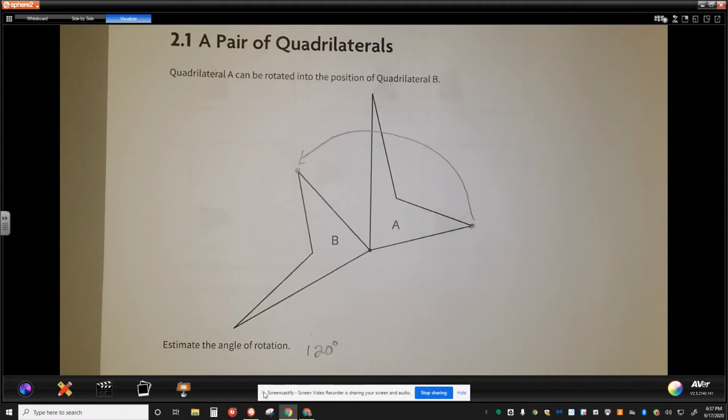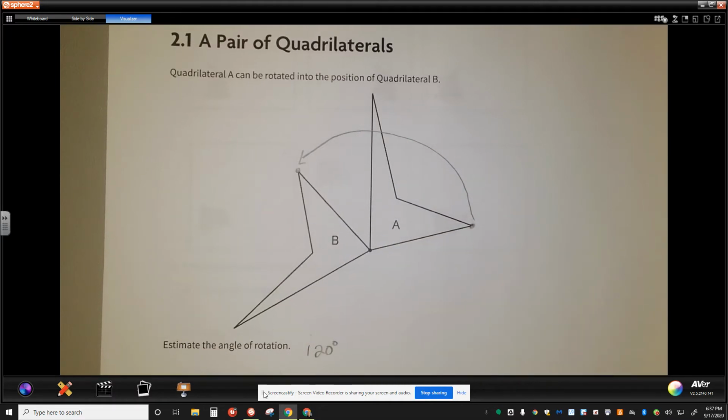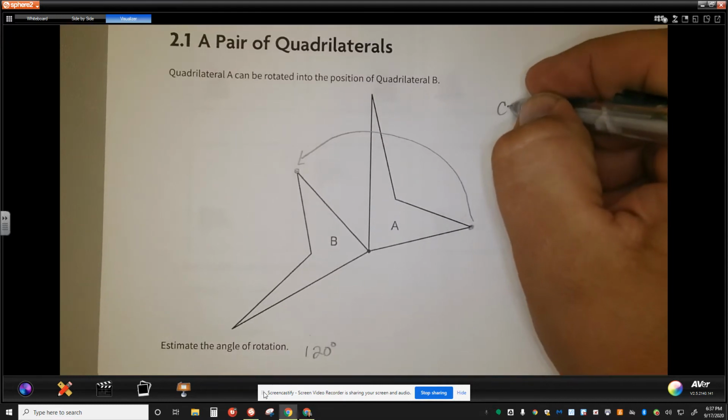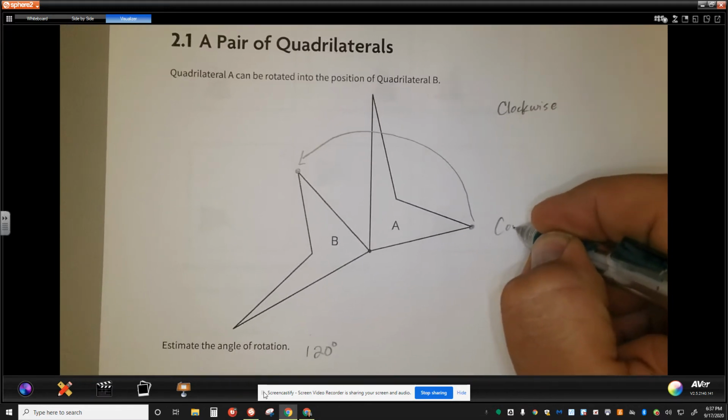What we need to get from this is that the direction of the rotation makes a difference. In this case, we want to review quickly what kind of rotation this is. Rather than saying left and right, we want to talk about clockwise and counterclockwise.